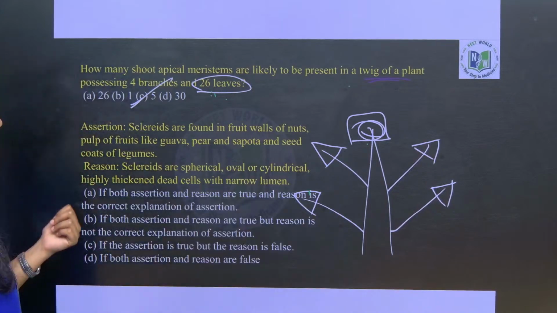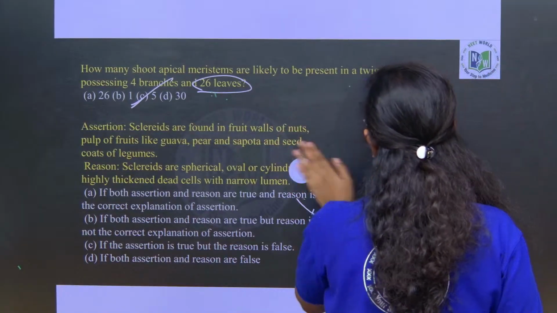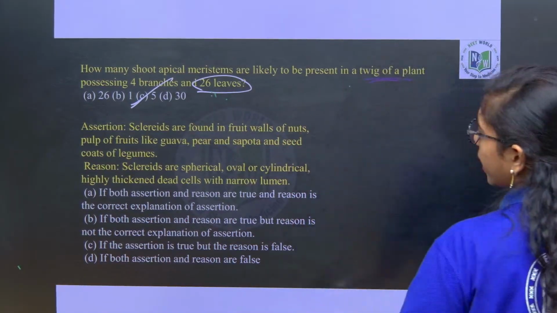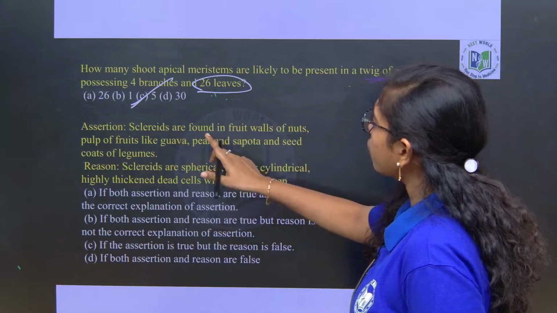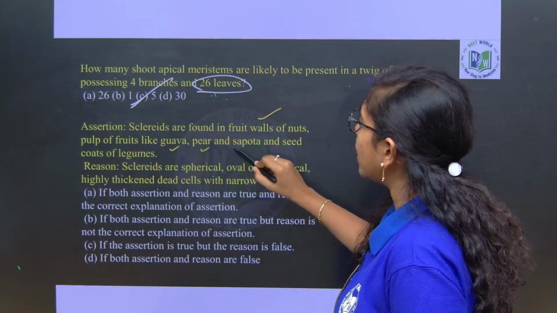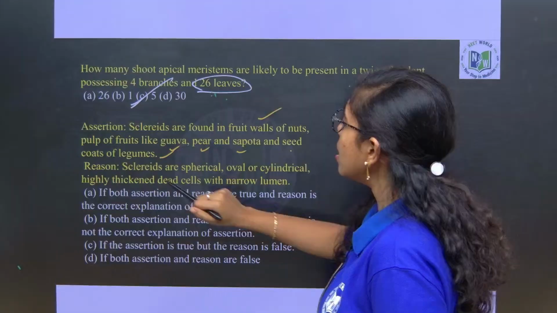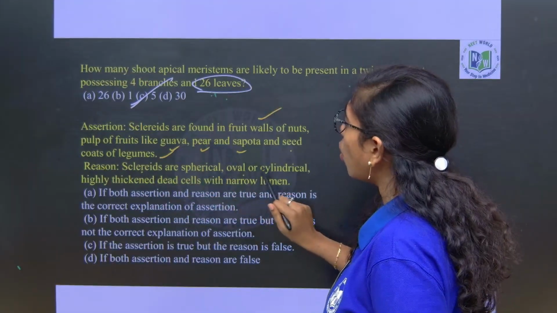Next, an assertion reason type of question. Sclereids are found in fruit walls of nuts, pulp of fruits like guava, pear and sapota, and seed coats of legumes. Correct? Assertion is true. Sclereids are spherical, oval or cylindrical.